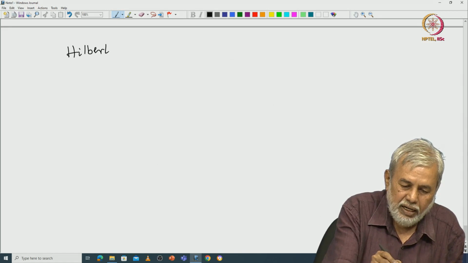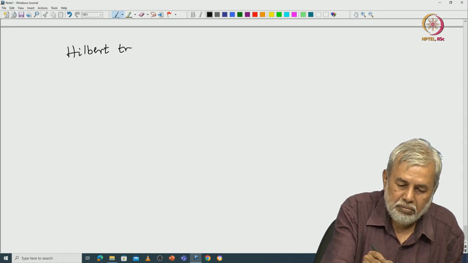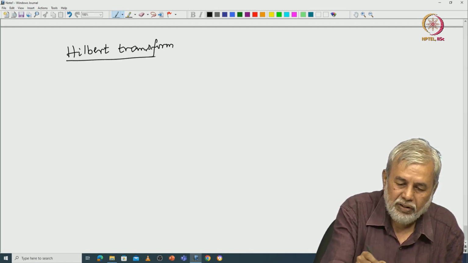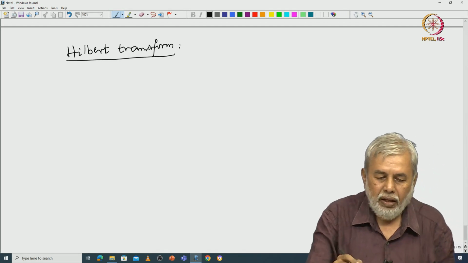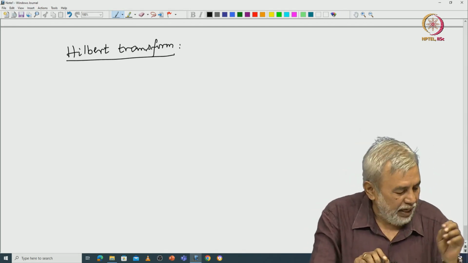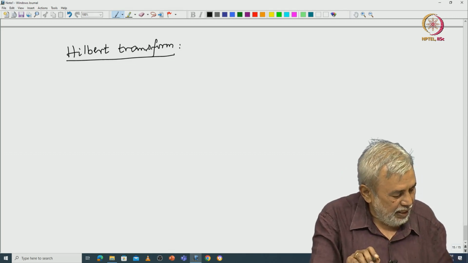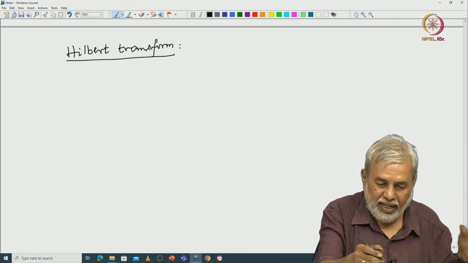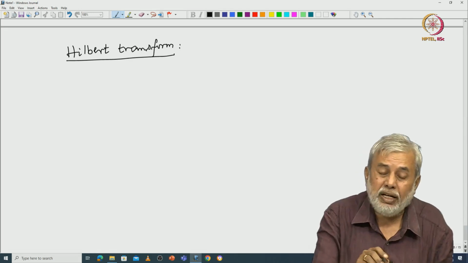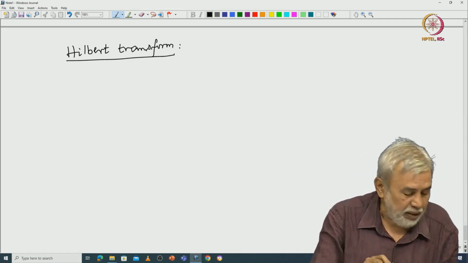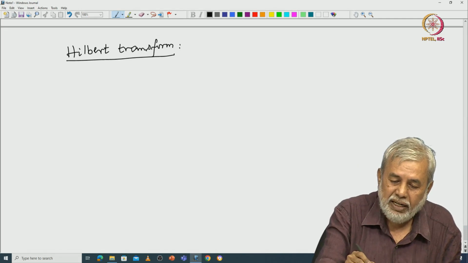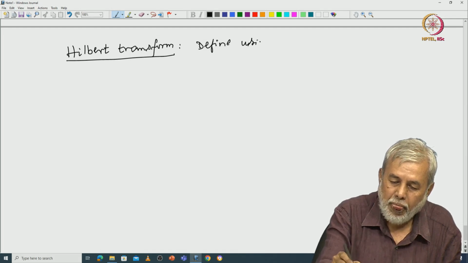You see, lots of analysis coming into play. I am not going to define it again; it is in fact a singular integral operator. So, let me define it using the Fourier transform.